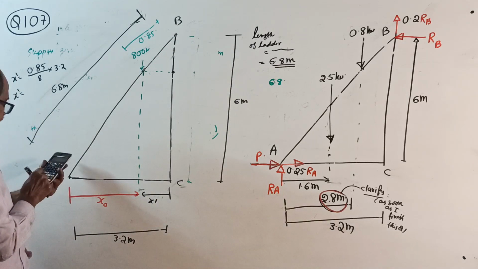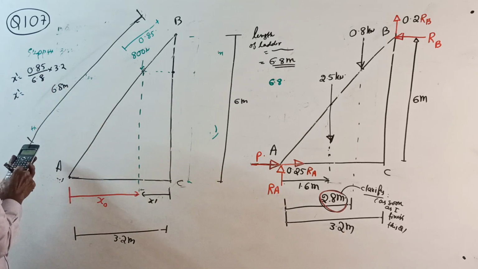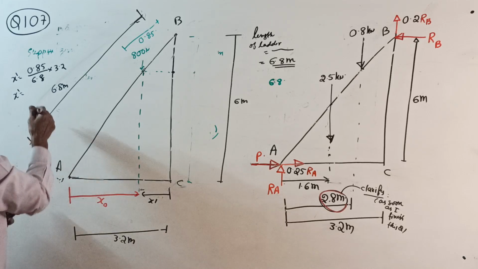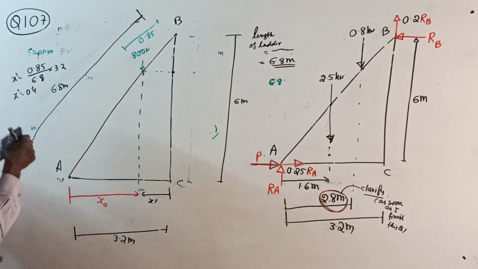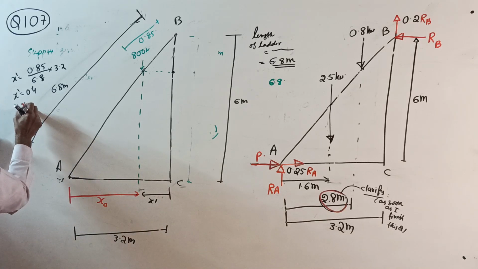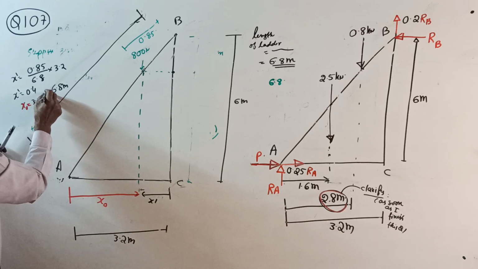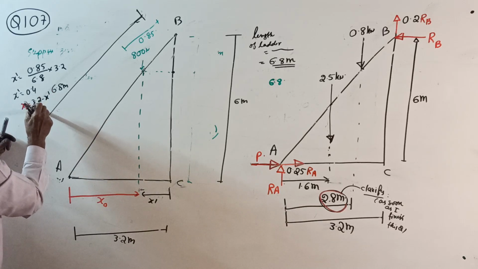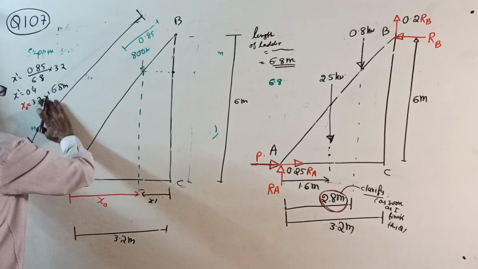So 0.85 by 6.8 into 3.2 will come 0.4 meter. So you got x dash equal to 0.4 meter. Therefore, what we require is x naught. Our x naught equals 3.2 minus x dash, which equals 2.8 meter.